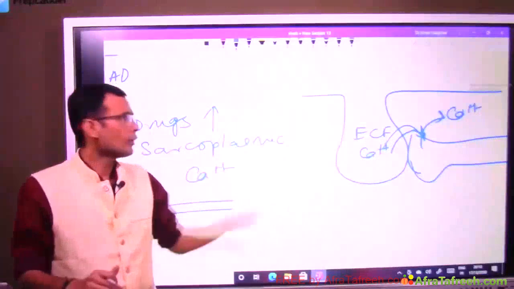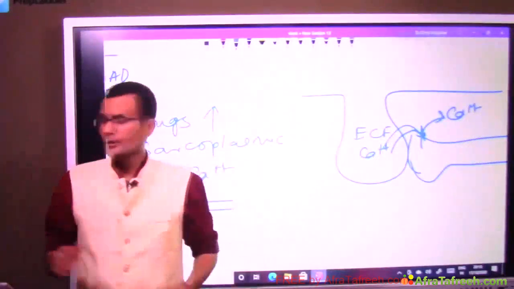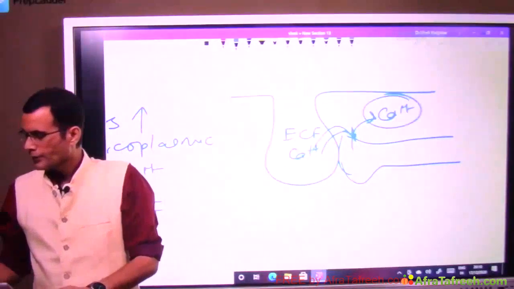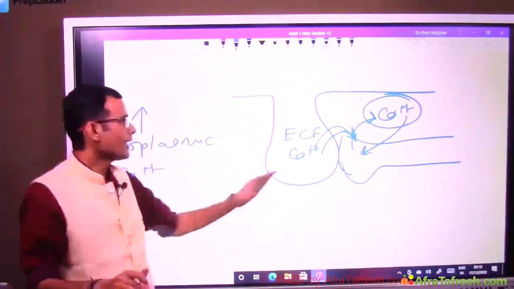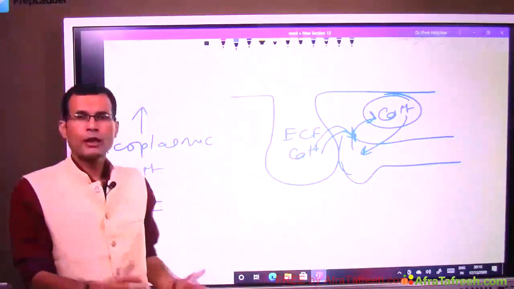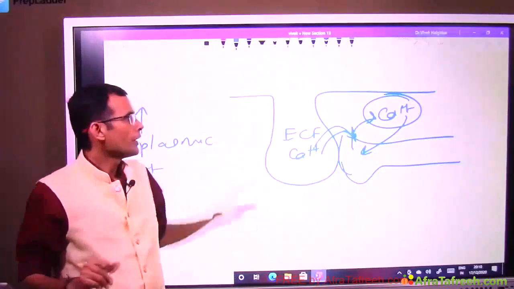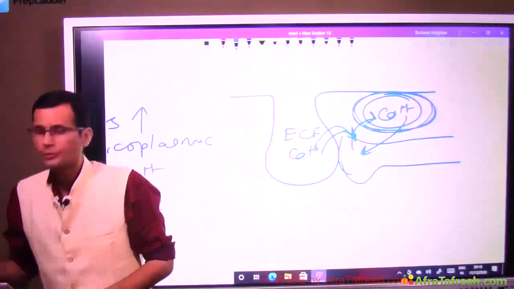Contraction also involves this ECF calcium which has come in, and then for the relaxation, for the diastole, this calcium has to be sent back from the sarcoplasm. Its level will fall, diastole will happen. But imagine a drug like digitalis. It increases the sarcoplasmic calcium so much.